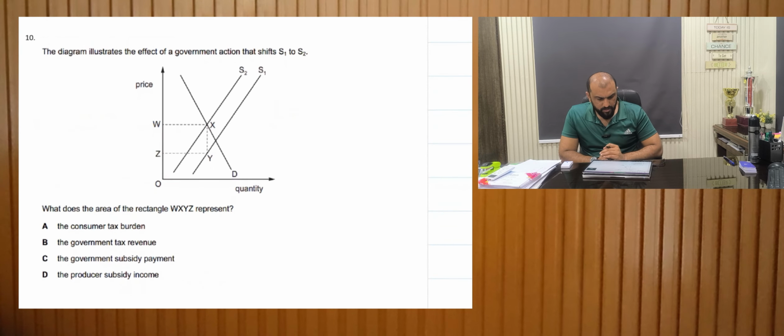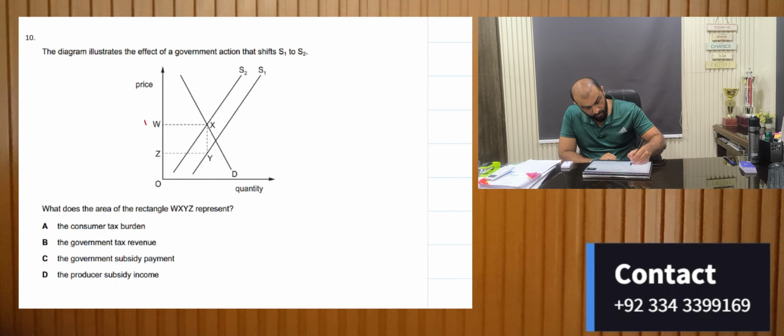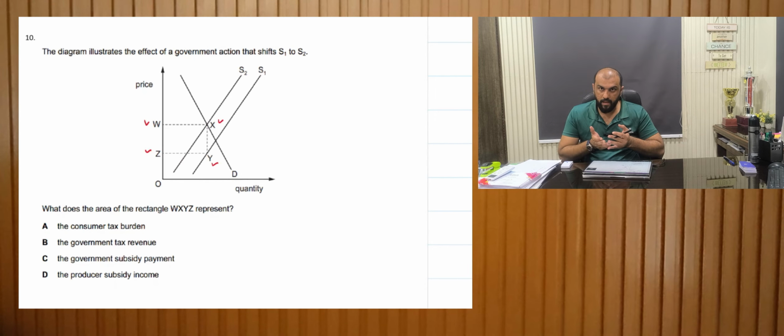The diagram illustrates the effect of a government action that shifts S1 to S2. What does the area of rectangle WXYZ represent? When the supply is shifting inwards, it means that it's a tax.